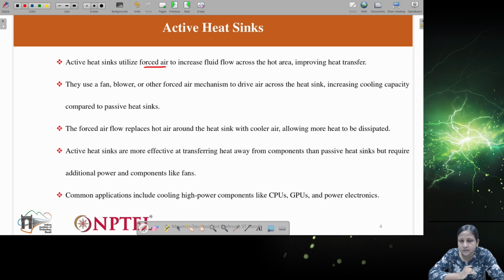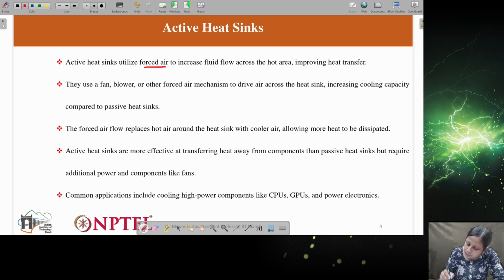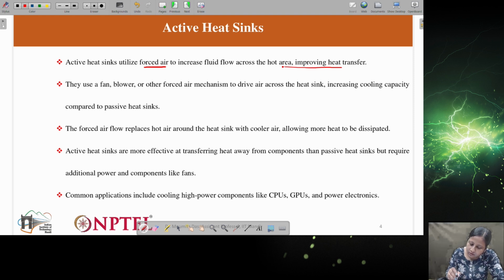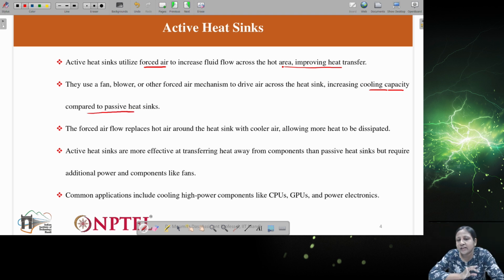So basically it can take off the heat from the heatsink through forced air, or increase the fluid flow across the hot area, improving the heat transfer. So this is one of the ways, and they use a fan, blower or other forced air mechanism to drive air across the heatsink, increasing cooling capacity compared to the passive heatsink. So the cooling capacity of an active heatsink is more.